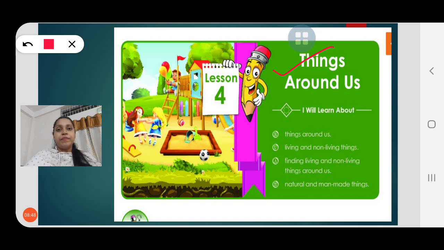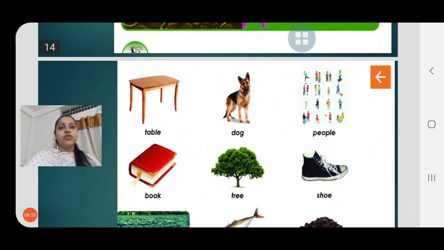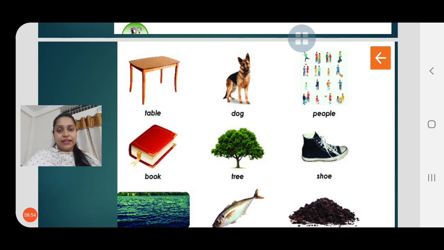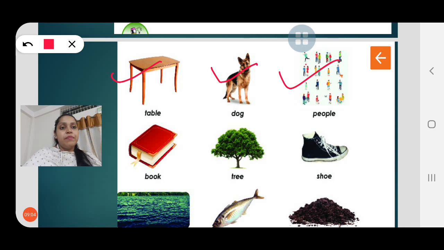So children, we come to the next page, and here you turn to the second page of the book, and you can see here the various things which are shown here: table, dog, people, book, tree, shoe.